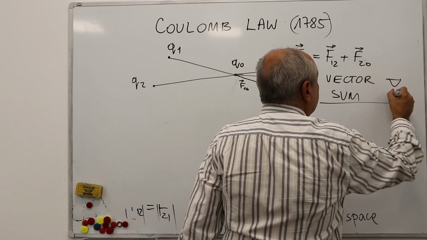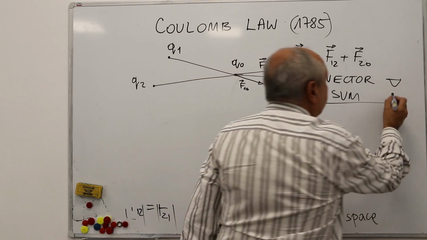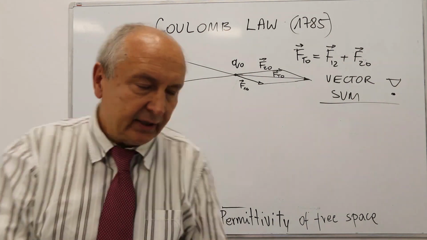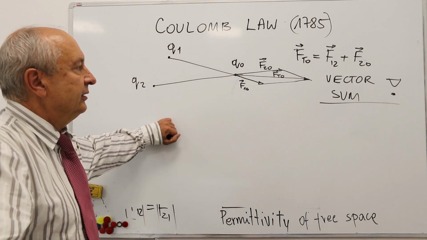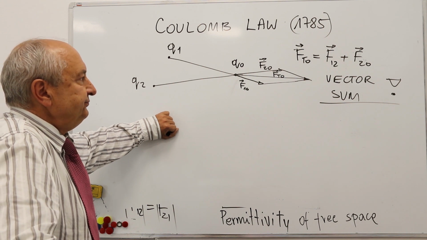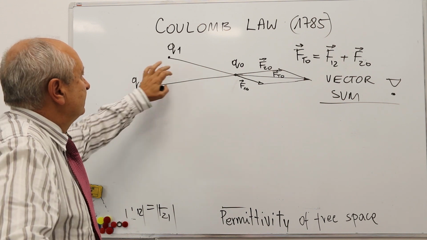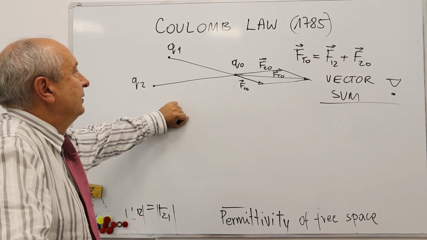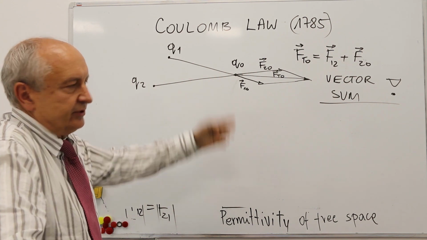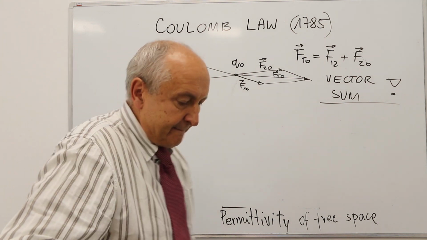It is very important that we do not make an algebraic sum, but a vector sum. For two discrete charges, it is easy to calculate.